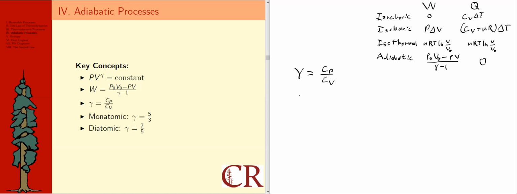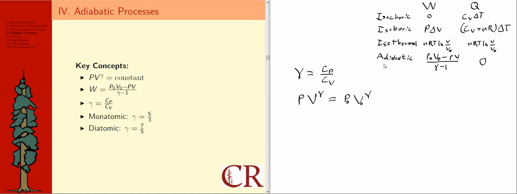You could also write it as saying that if this is final pressure and this is final volume, since it's constant, those would be equal to whatever initial pressure the system started at times whatever initial volume the system started at raised to the gamma that describes that system. That's going to be a useful formula when you want to look at things involving adiabatic processes.